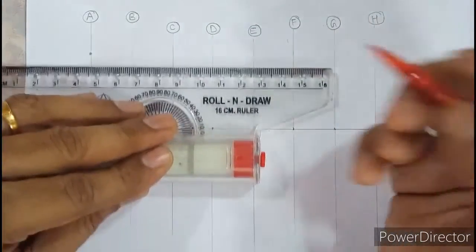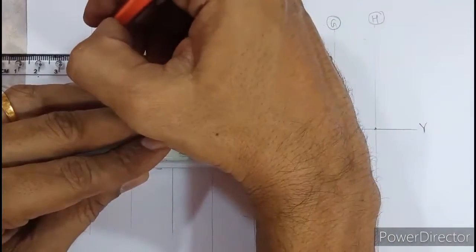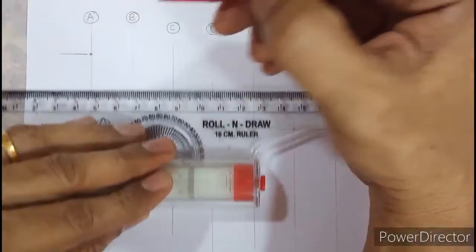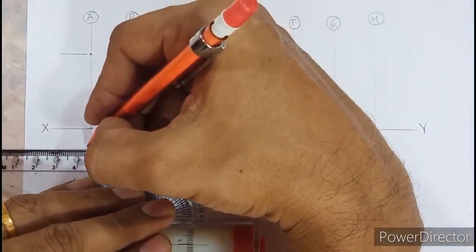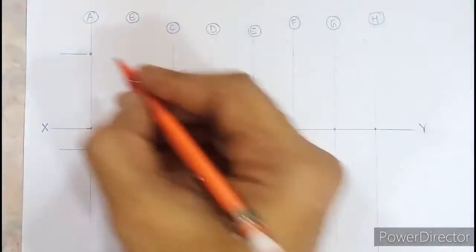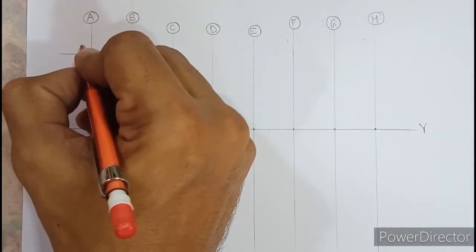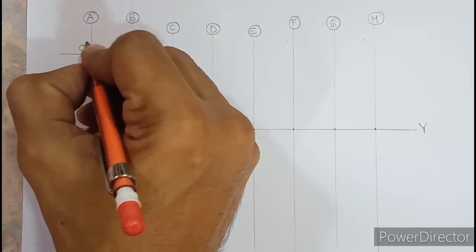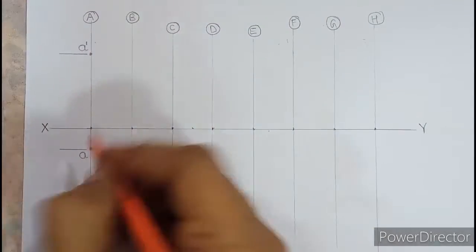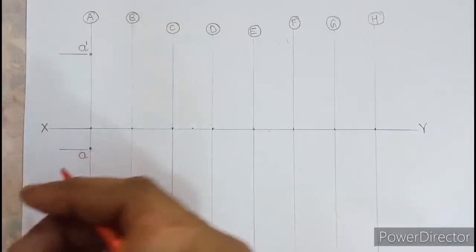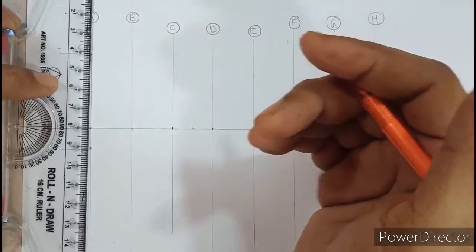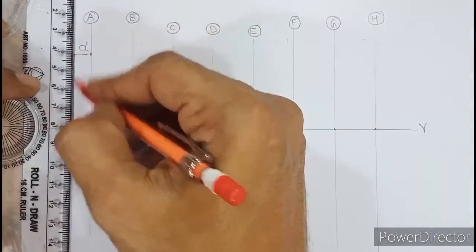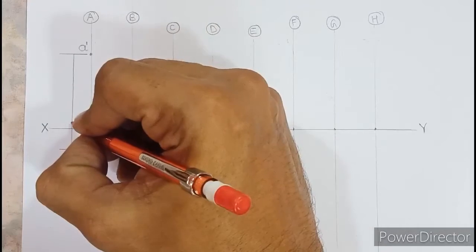Align the roller scale with XY. Leave gap of 2 millimeter and then draw medium dark extension line. And here also leave gap of 2 millimeter and then draw medium dark extension. Before that, above the extension line, name this neatly as A dash and this as small a, where you should name left side above, left side below. Then leave a safe gap of 8 to 10 mm and you have to show dimension over here as 40 and 10.